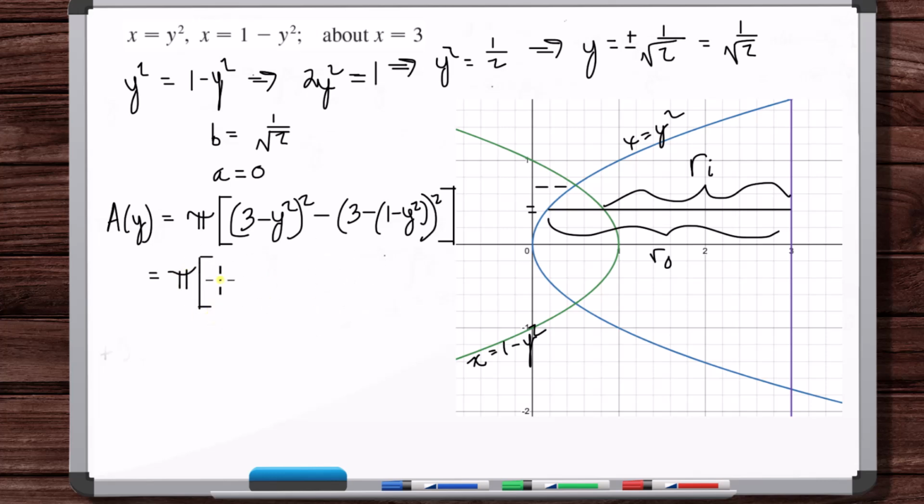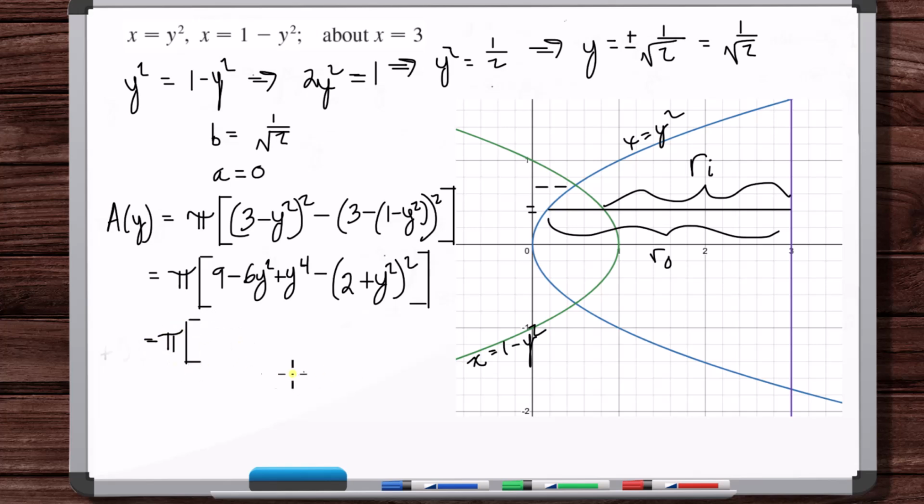Now let's just simplify this. 9 minus 6y squared plus y to the fourth, minus, then we've got 3 minus 1, so 2, plus y squared, squared.